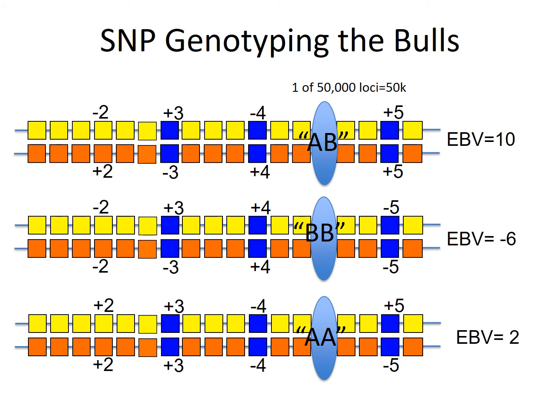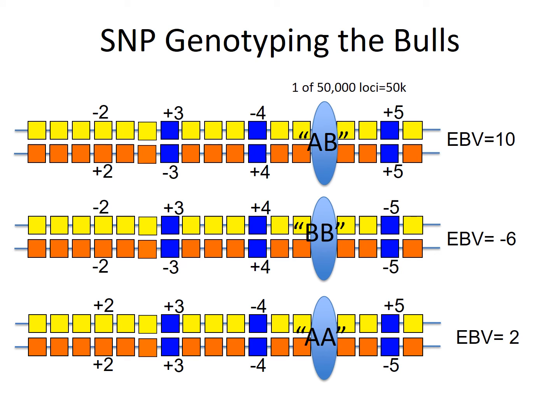And some individuals are the alternate homozygous. They might be AA. Now remember, there are 100 million base pairs in a typical chromosome, and only about 1.5% of it is in genes. So many of these loci that are reported on the chip will be in the regions between the genes, what we call the intergenic regions.